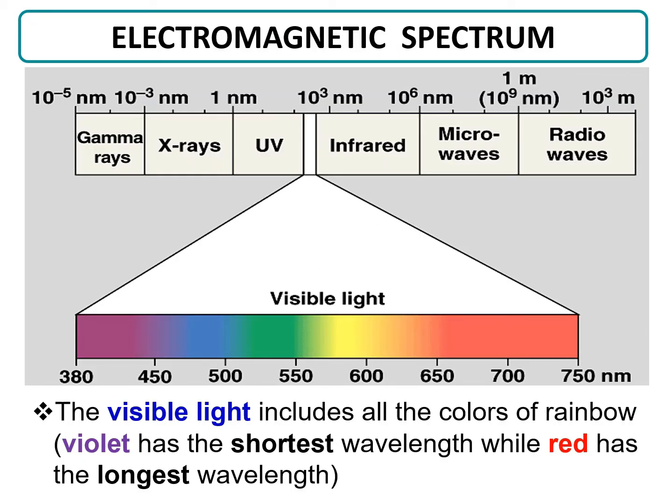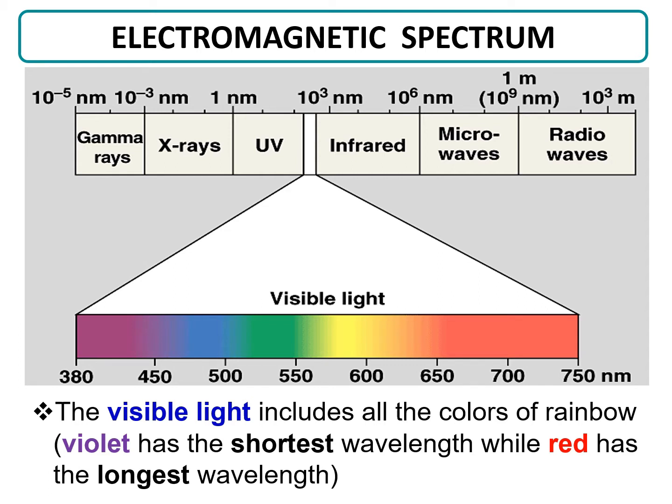The electromagnetic spectrum, the visible light that we receive every day from the sunlight, ranges from 380 nanometers to 750 nanometers, and different wavelengths show different colors.